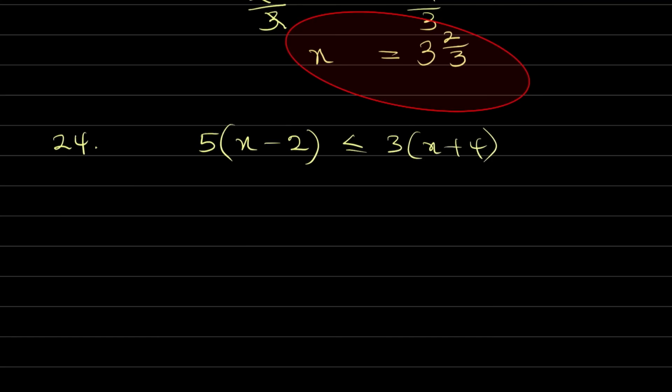Solve for x. To solve for x, you begin by opening the bracket on both sides. So the first bracket here would be written as 5x minus 10 is less than or equal to. Then we open the second bracket as well, which is 3x plus 12.